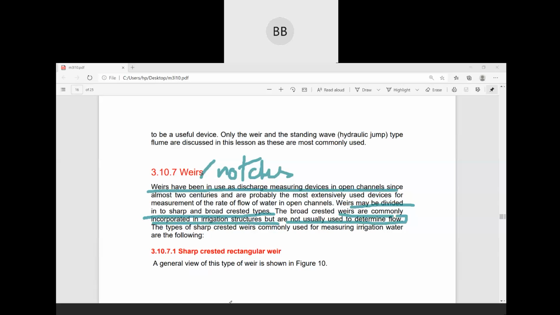They are also used to uplift the level of water and to divert that flow for other purposes, such as irrigation. If you have a river, we construct a weir and raise the level of water, and then we divert that flow of water for irrigation purposes. Then we say we are using that weir for irrigation. So we use a weir not only for measuring the discharge, it can be used for other purposes also.